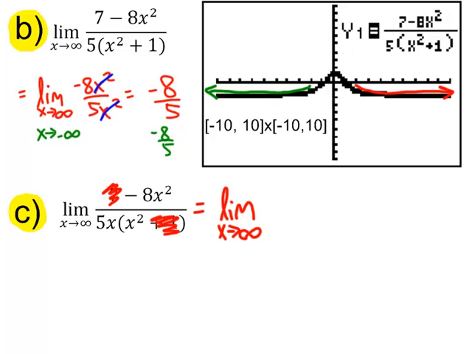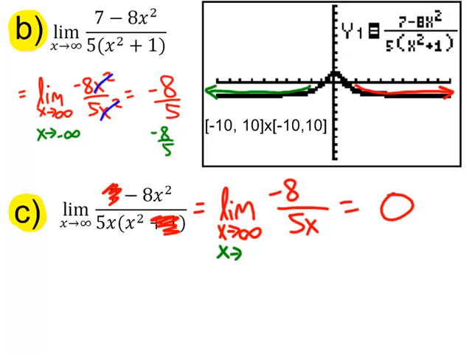This time it's negative 8x squared over 5x cubed. And that reduces to just negative 8 over 5x. And as x gets bigger and bigger in the positive direction, as x becomes 100, 1,000, a million, we see that the total fraction is going to approach 0. The numerator stays the same, but the denominator gets larger and larger. We get a limit of 0.